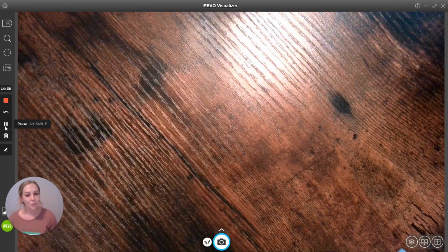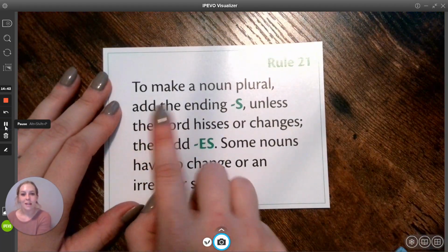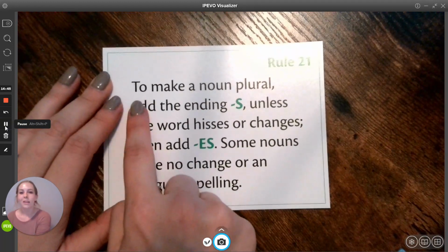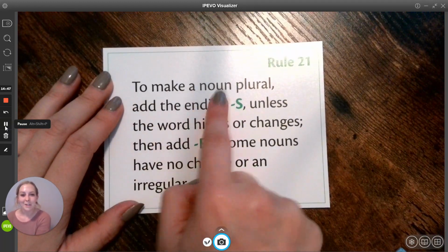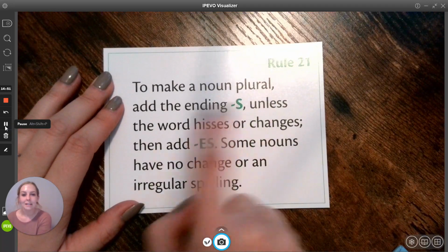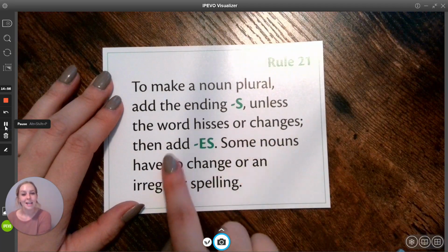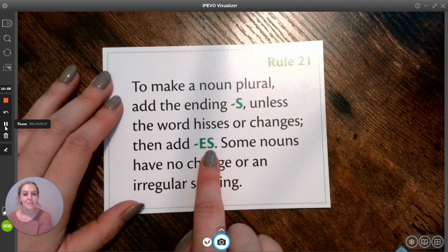And then spelling rule 21. Let's read it together. To make a noun plural, add the ending S unless the word hisses or changes. Then add ES.